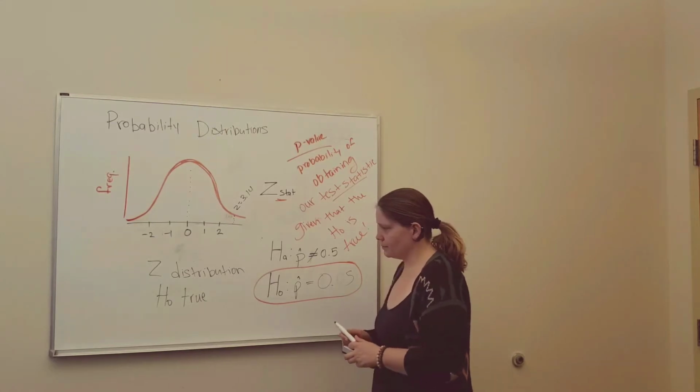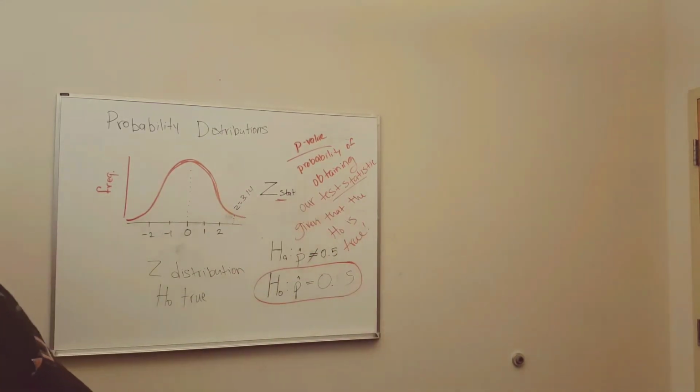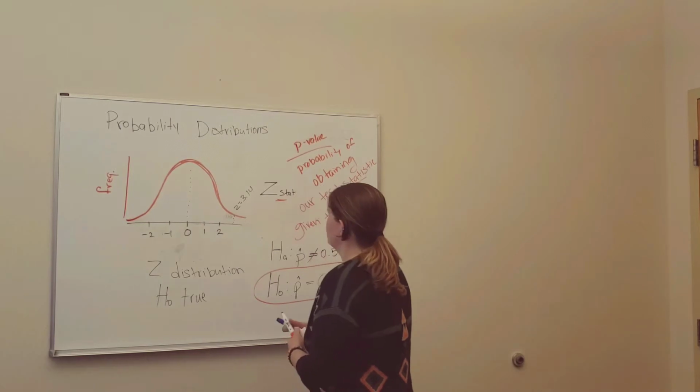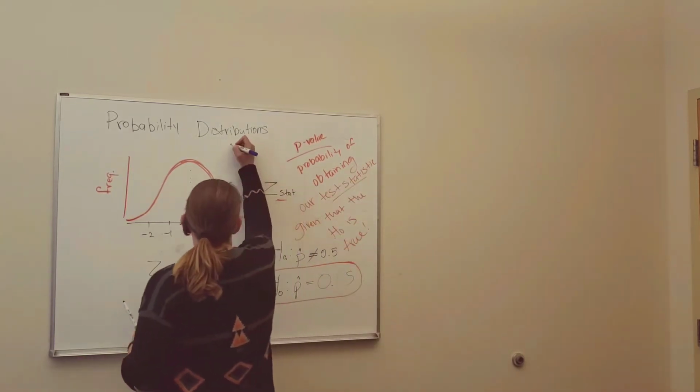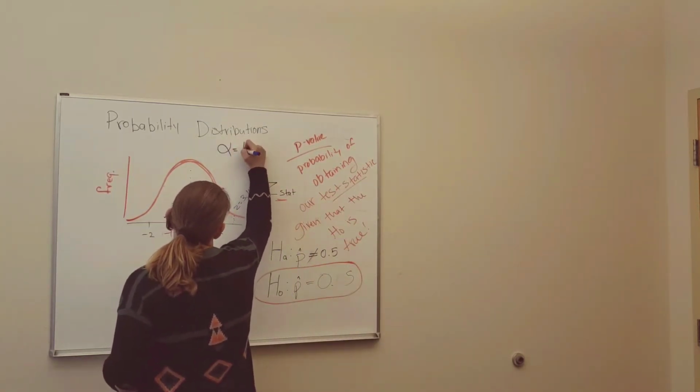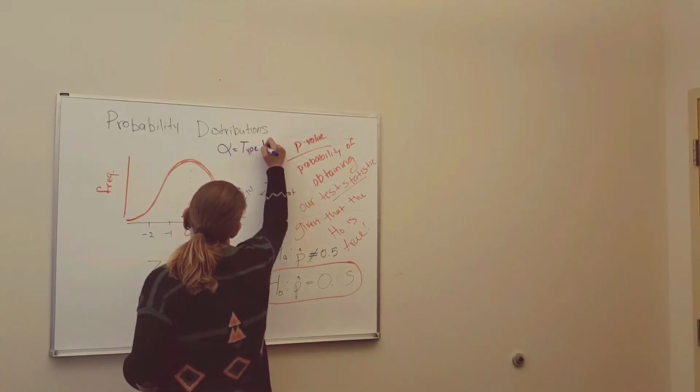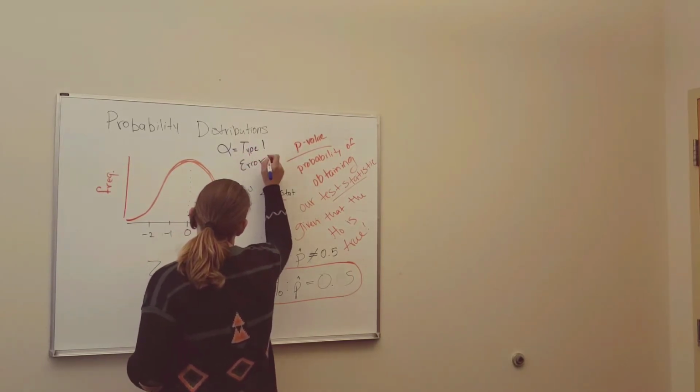So that brings us to another point, which is alpha. Alpha relates to something called type 1 error. It's an error rate.